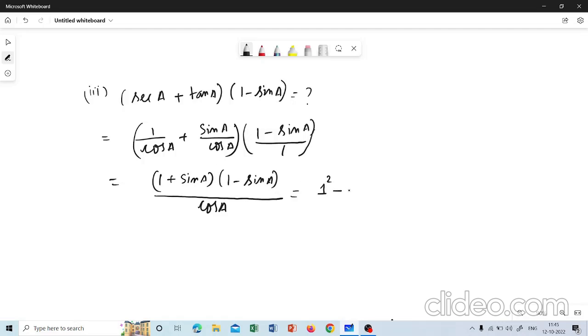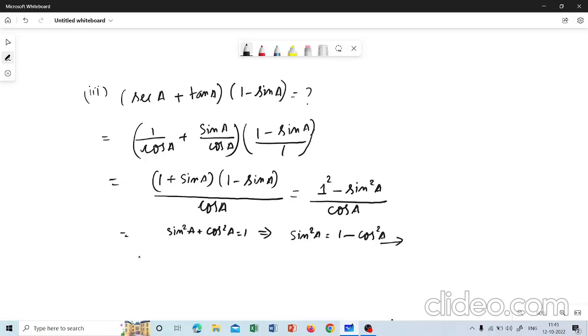So I can write it as 1 square minus sine square A by cos A. Now 1 square is 1, so 1 minus sine square A. Again, if you recall the property that sine square A plus cos square A is equal to 1, then if I take the cos square to the right hand side, sine square A is equal to 1 minus cos square A. So I substitute this in the numerator instead of sine square A.